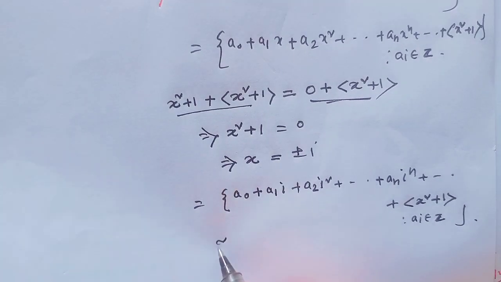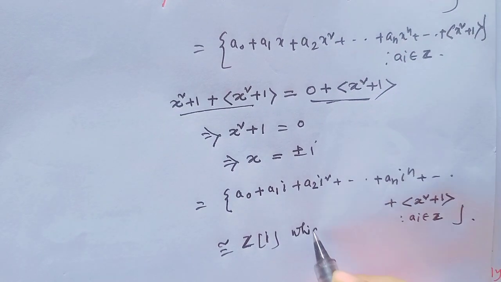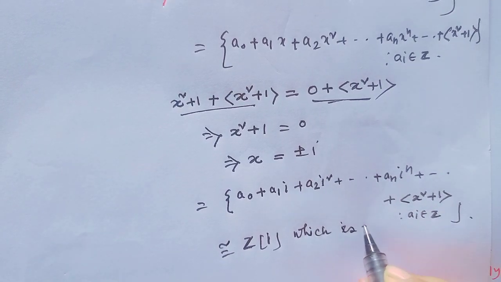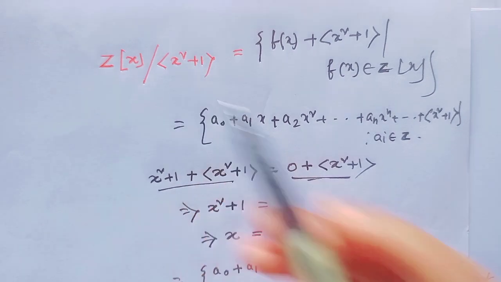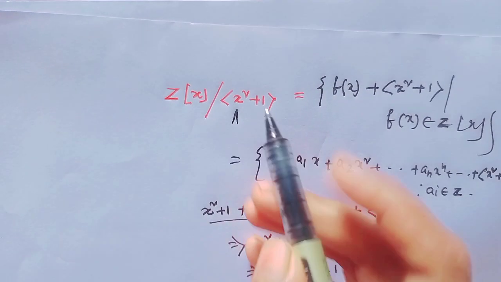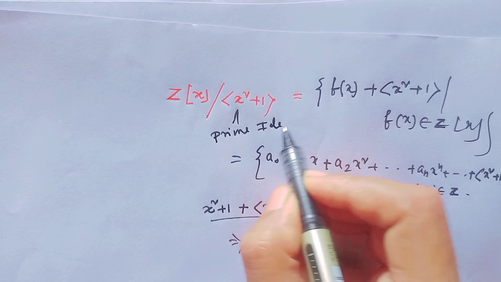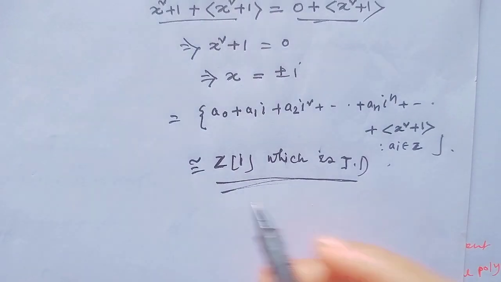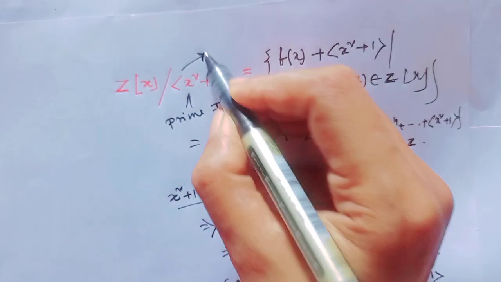Obviously this is isomorphic to Z[i], which is an integral domain. Since Z[x] modulo the ideal generated by x square plus 1 is isomorphic to an integral domain, this is obviously a prime ideal, but Z[i] is not a field, so this is not a maximal ideal.